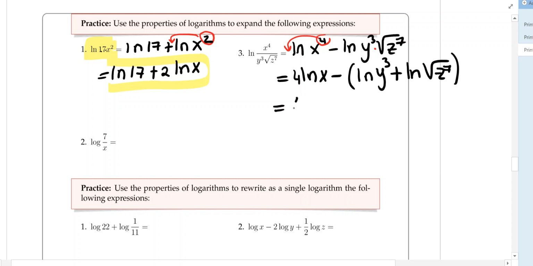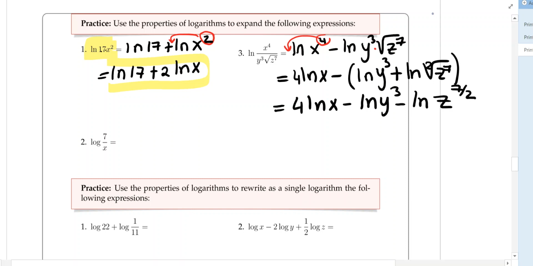So now, furthermore, I distribute the negative, so it's going to be negative ln of y cubed, and the negative gets distributed to this one as well, so minus ln of, remember, rational exponents, when I have square root of z to the 7th, that means that I have a 2 in here, and this turns into z to the power 7 over 2.